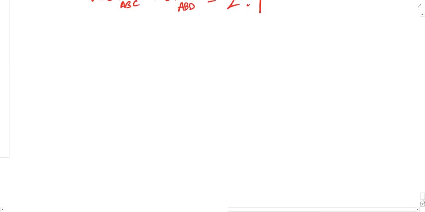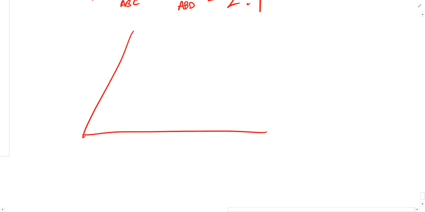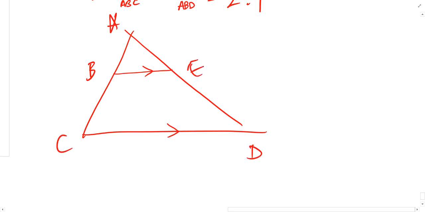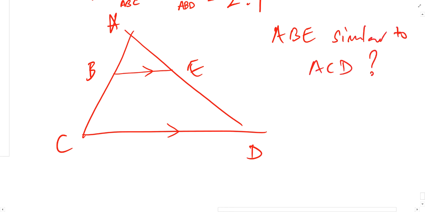For triangles that are similar, for example, like this. Do you agree that these two, the small triangle and the big triangle, they are similar? Why are they similar? A, B, C, D, and E. Why is triangle ABE similar to ACD? Which angles are you comparing?